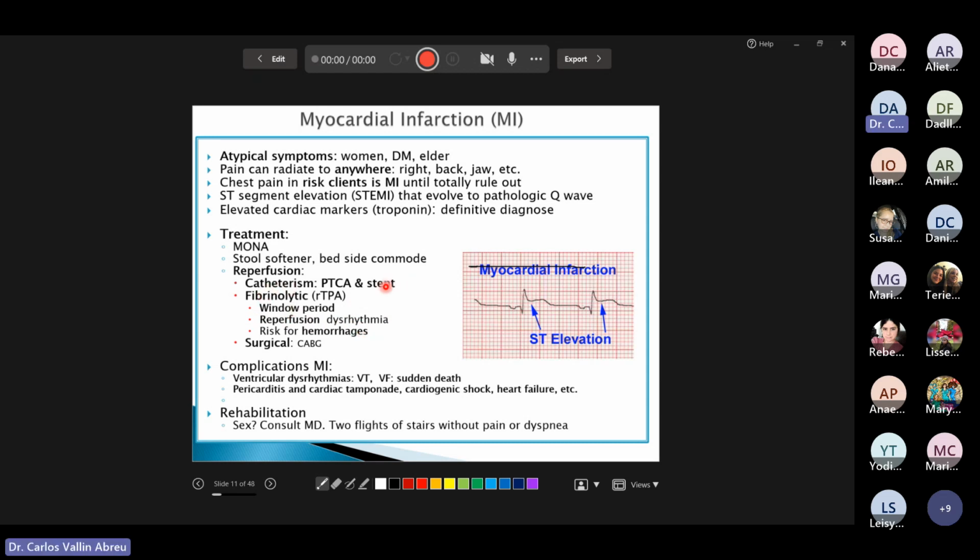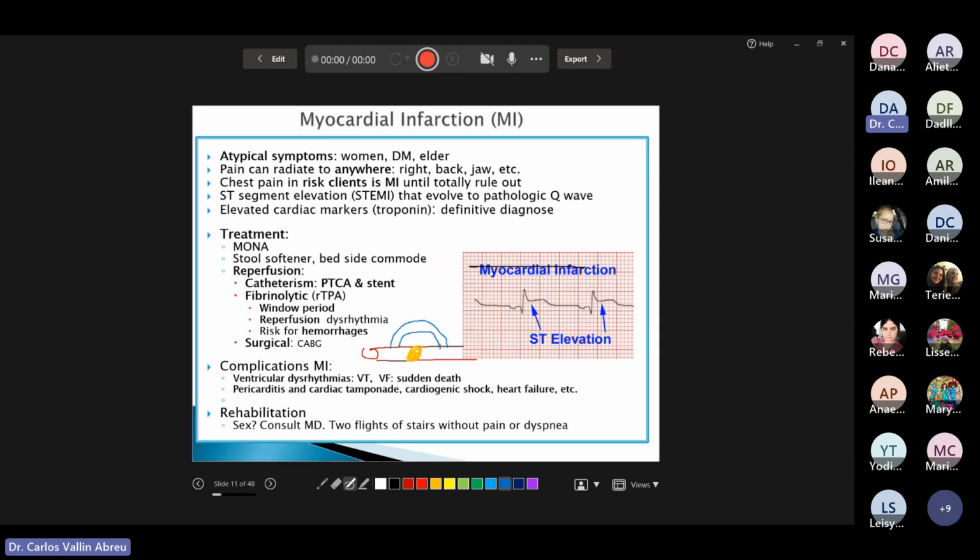Sometimes the catheterism and the fibrinolytic therapies are not enough, and then they need to open the heart and find the artery that is obstructed and make a bypass. If the artery is totally obstructed by a very tight obstruction, they take a vein of the body and make a bypass.